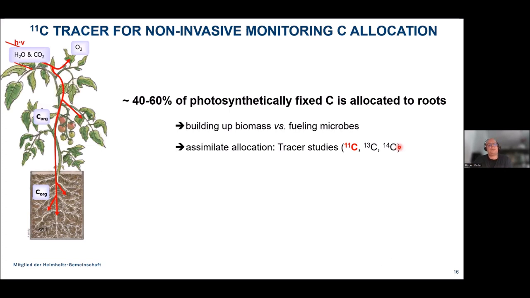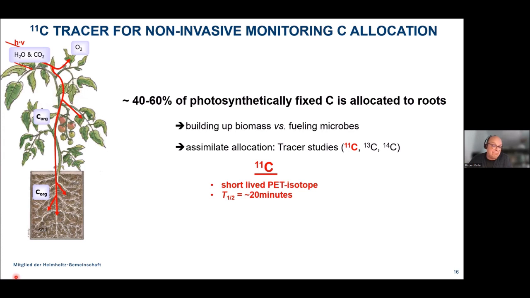In the past, and I think you are aware of this, these tracer studies have often been done with 14C and 13C. We are using a different isotope at the Forschungszentrum. As the Forschungszentrum is a former nuclear research center, we can use 11C. 11C is a PET isotope, so we can use it in positron emission tomographs to visualize carbon allocation in a 3D environment without destructive harvests.